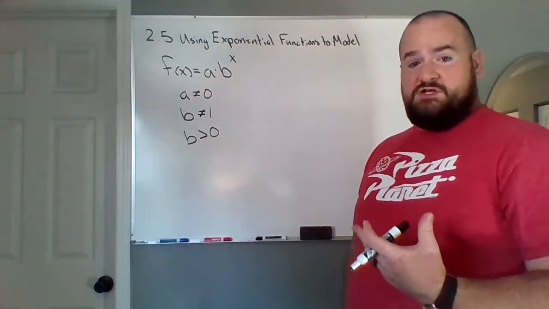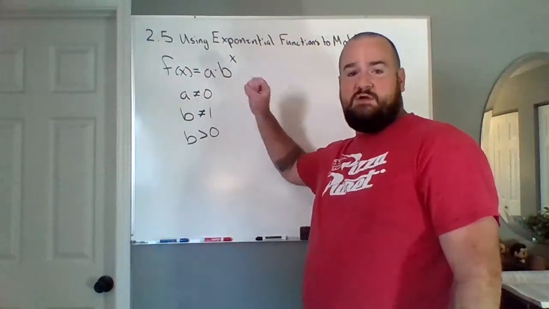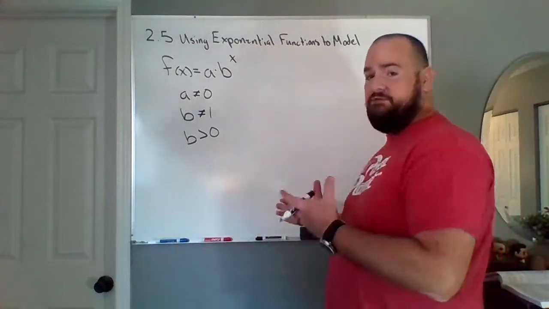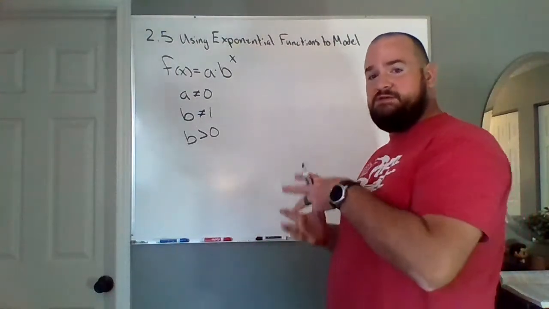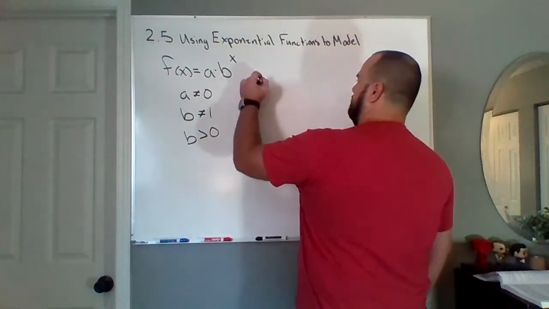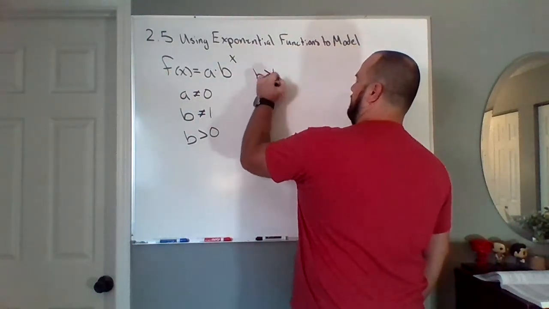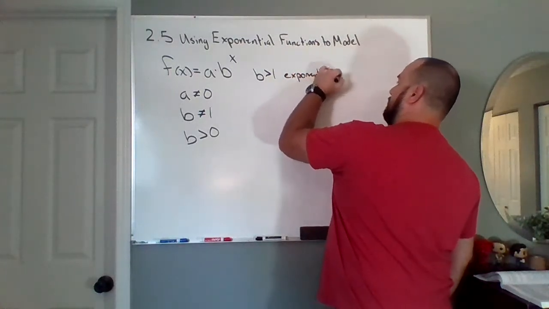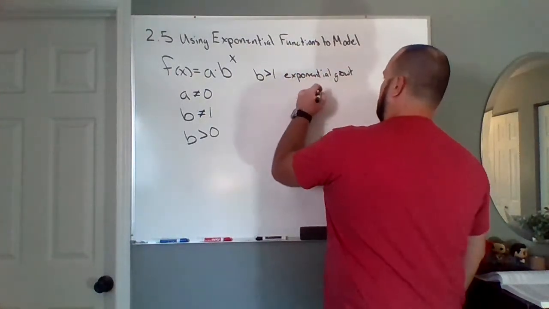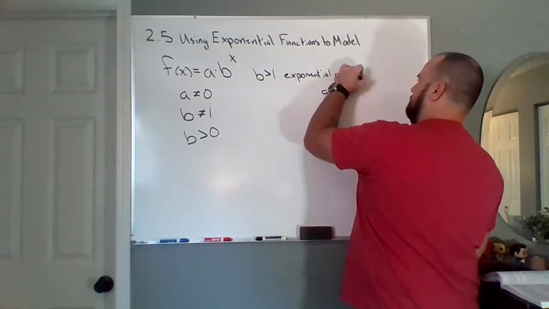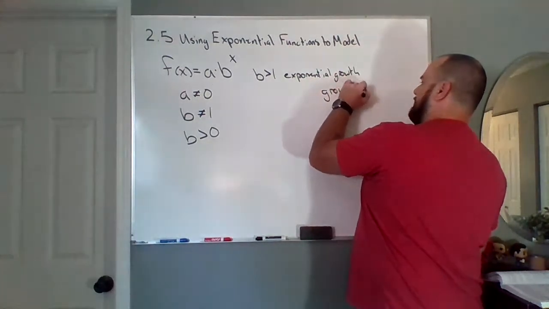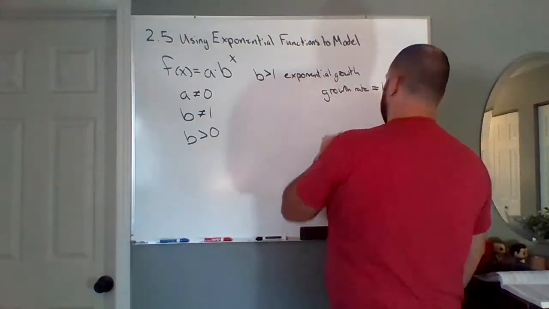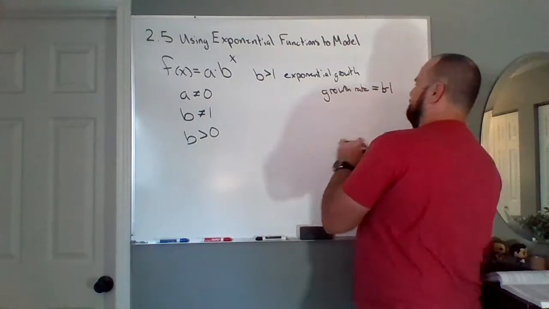Now with that restriction, the b value here is our base multiplier. It tells us how the function changes. And its value tells us whether we have an exponential growth function or an exponential decay function. And so if b is greater than 1, we have exponential growth, and our growth rate is equal to b minus 1.